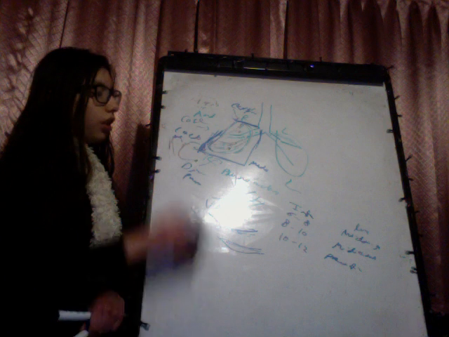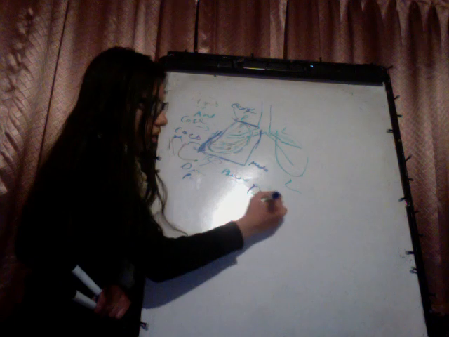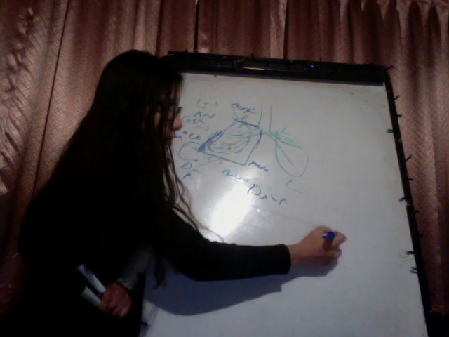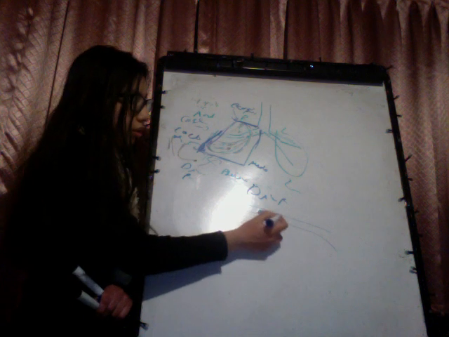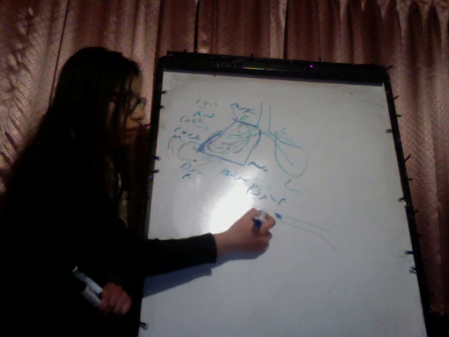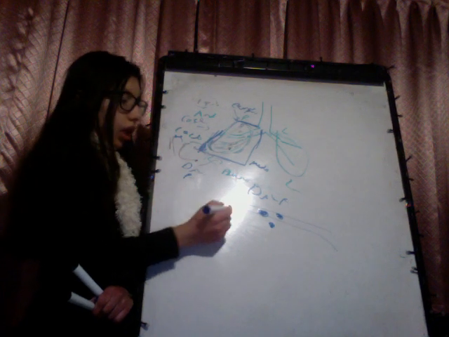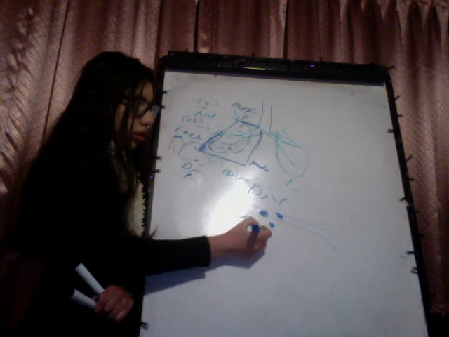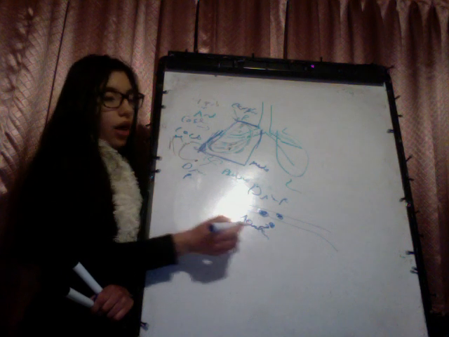Alright. Next is the diaphragm. The diaphragm has three hollows. The most posterior is for the aorta, and this is the hiatus of the aorta.